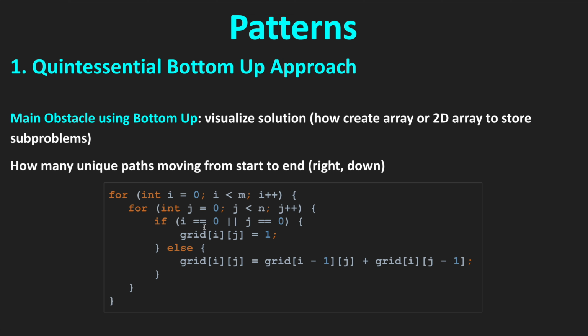For the first row and the first column, we are populating the values with 1, and for all other cells, we take the value from the left plus the value from the top. That's how we are solving this problem using a quintessential bottom-up approach.